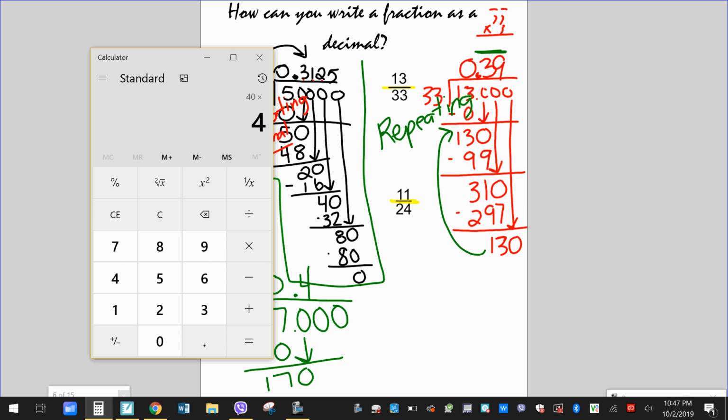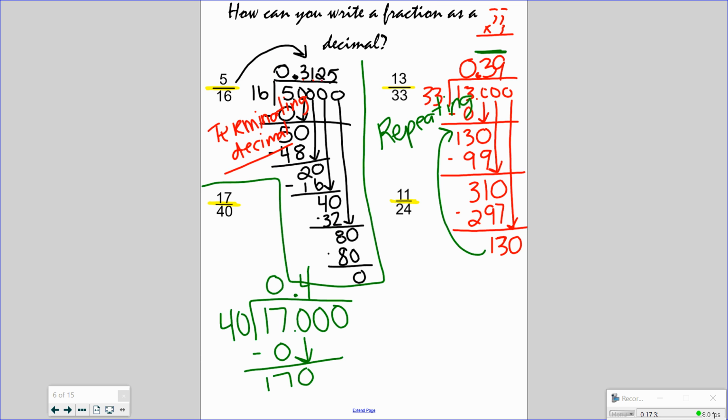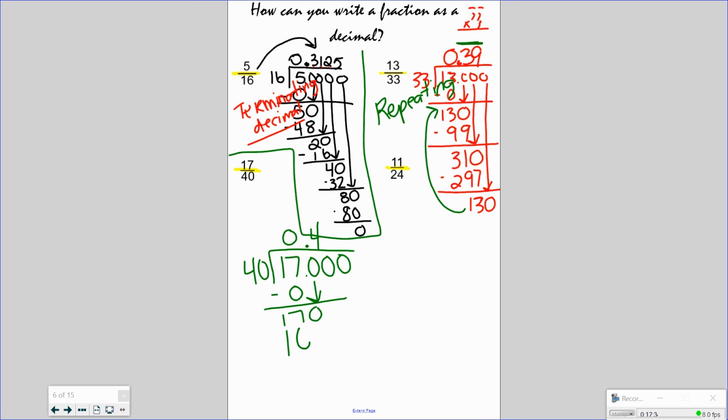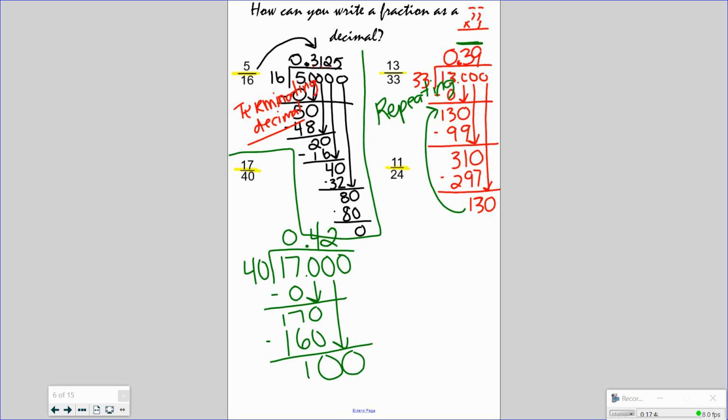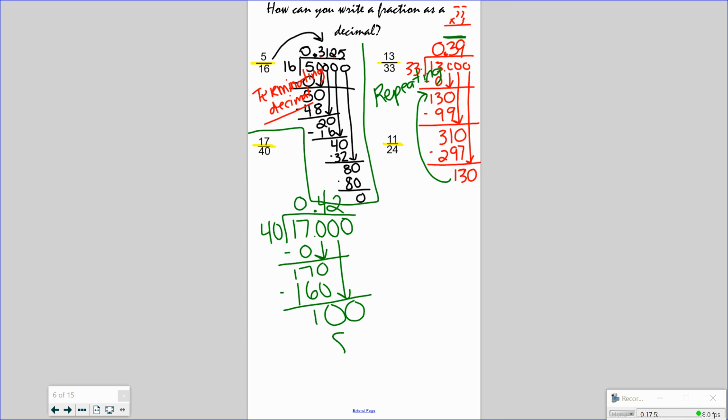40 times 4 is 160, with a remainder of 10. Bring down another 0. 40 goes into 100. 100 divided by 40 is 2 whole times. And 2 times 4 is 8, so that's going to be 80, with a remainder of 20.